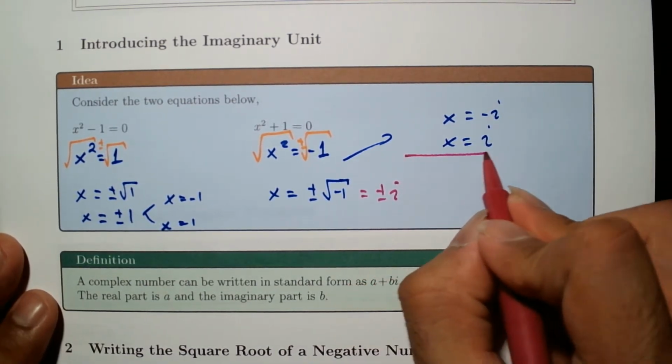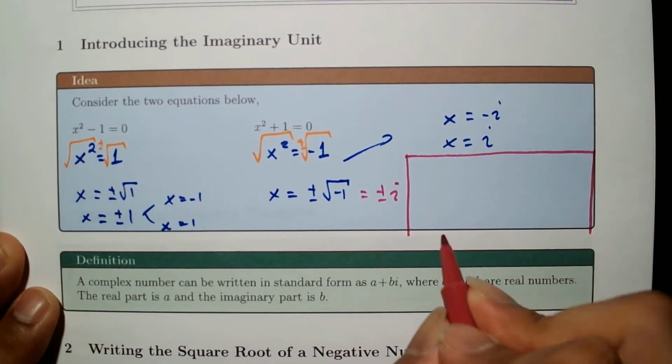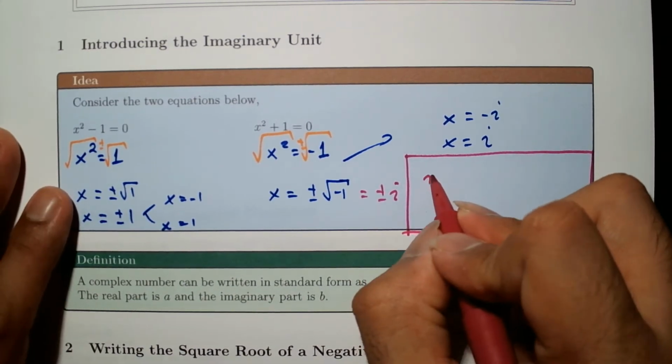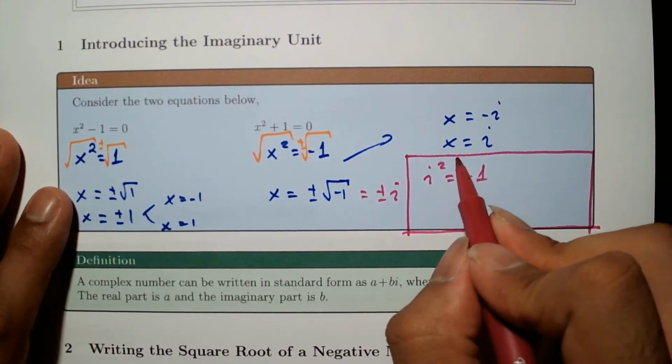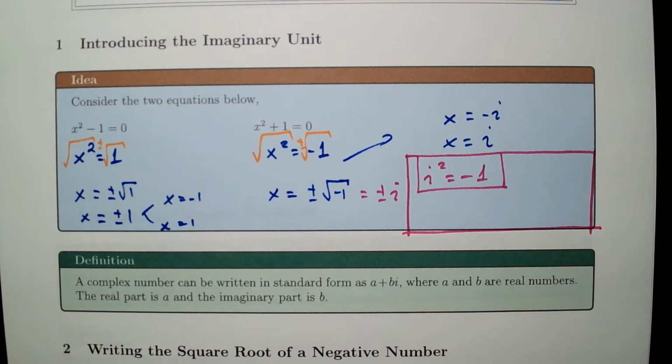Now from here I would like to define something else that will be very useful. That means that i squared equals -1. We will use this later on when evaluating multiplications and divisions of complex numbers.